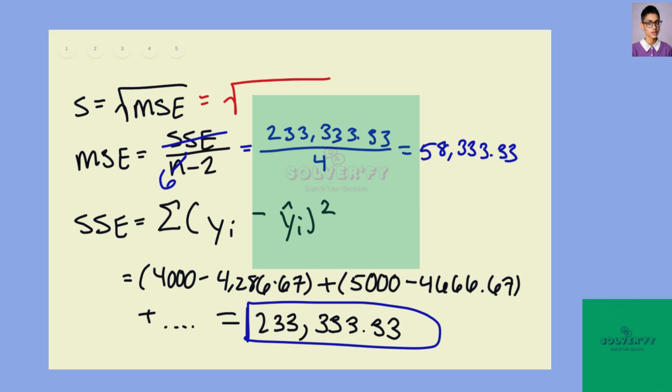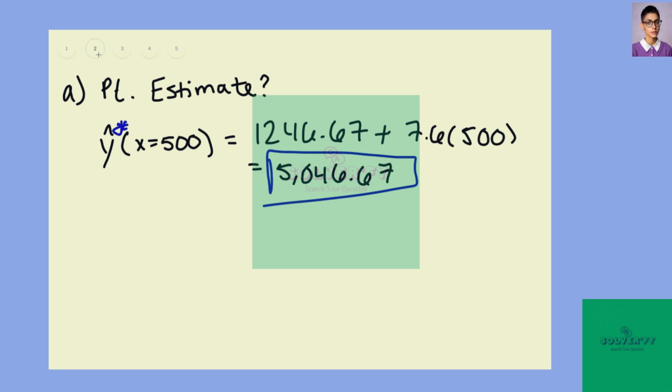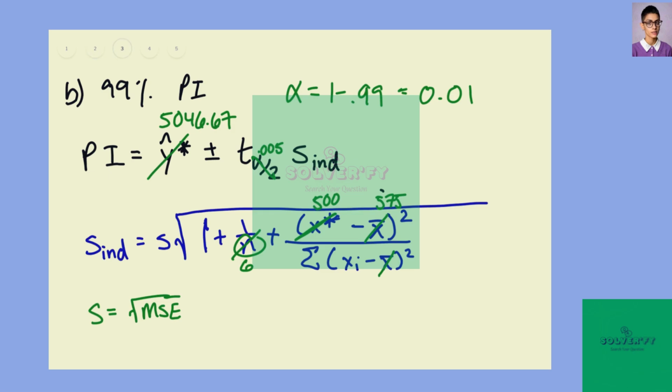Now, to find our standard deviation, we just take the square root of that. The square root of 58,333.33 is 241.5229. So now we can plug this into our estimate here.